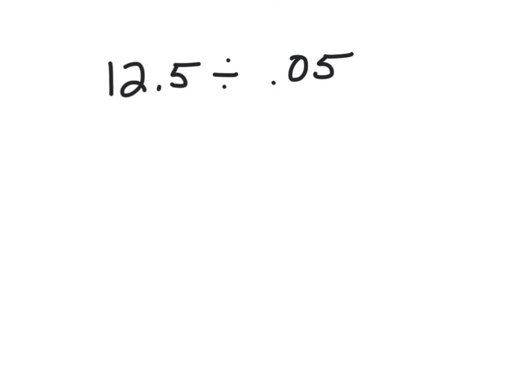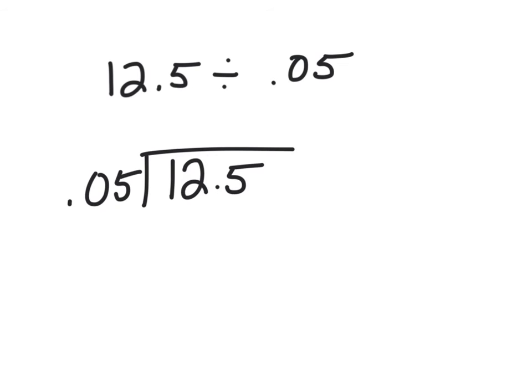Now let's take a look at this situation. 12 and 5 tenths divided by 5 hundredths. I'm going to start just as I've done on all my other problems, and I need to move my decimal 2 places to the right. Well, I only have 1 place in this situation, so what I need to do in order to be able to move 2 places is to annex a 0.